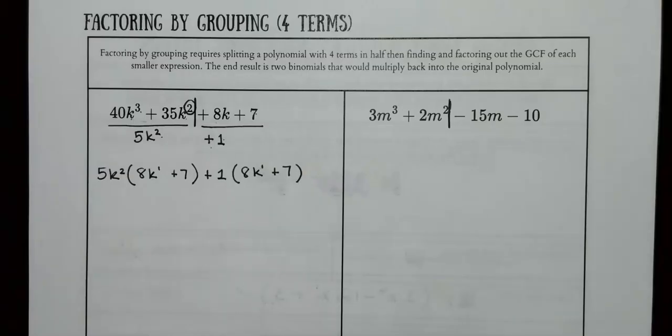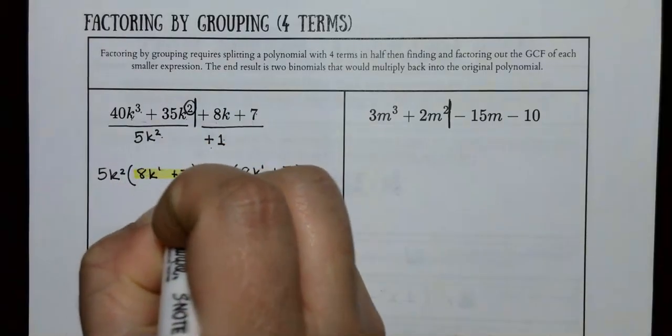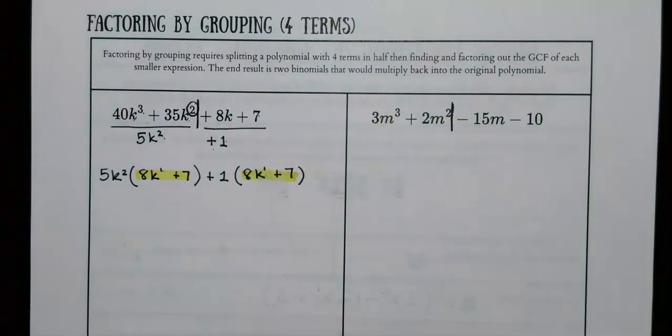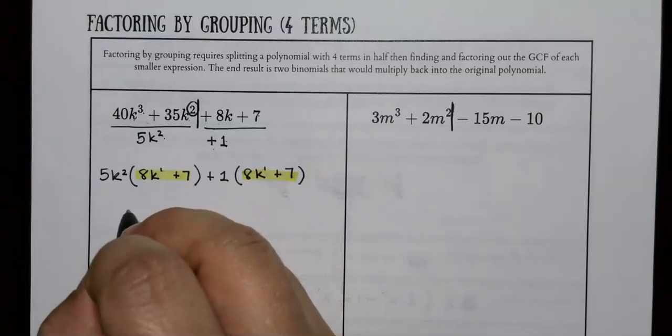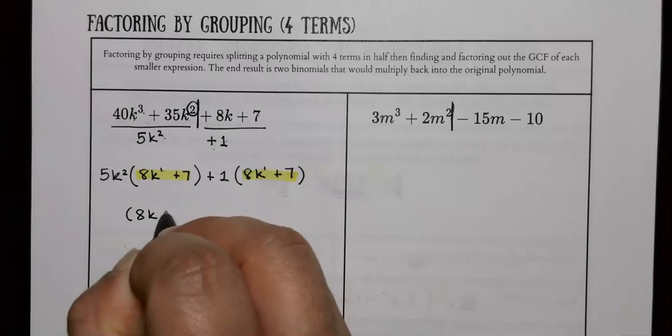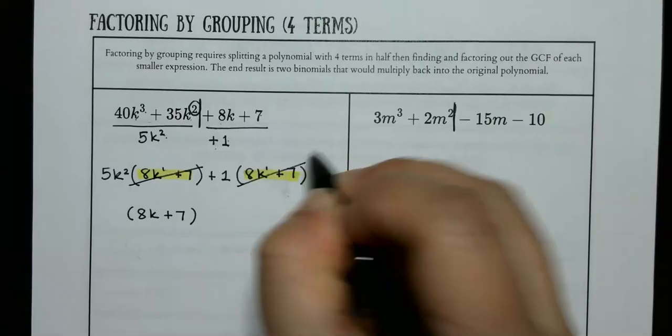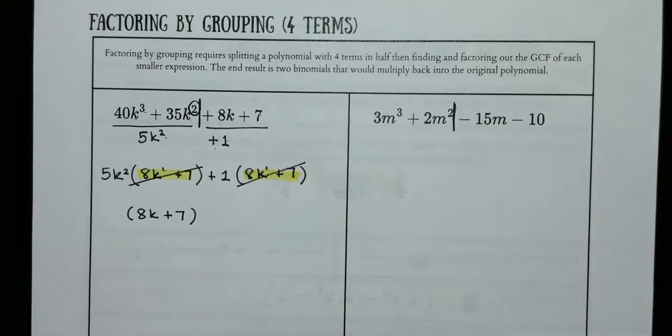So I'm looking inside the first parentheses. I'm comparing it to the second parentheses. And once I see that they're exactly the same, I'm going to ask you to write it down once. 8K plus 7. Then I'm going to ask you to cross them both out. Just the parentheses.